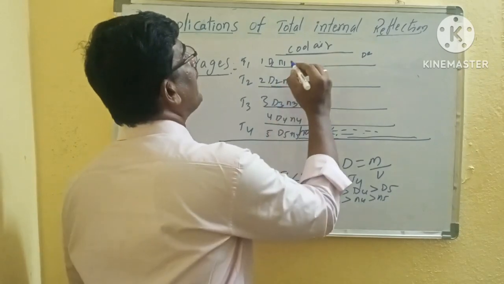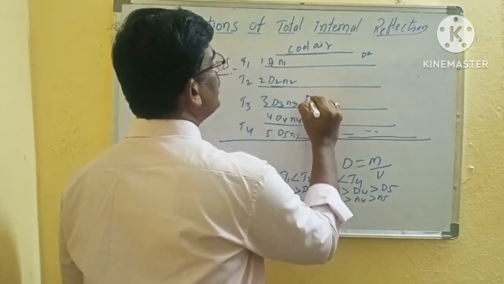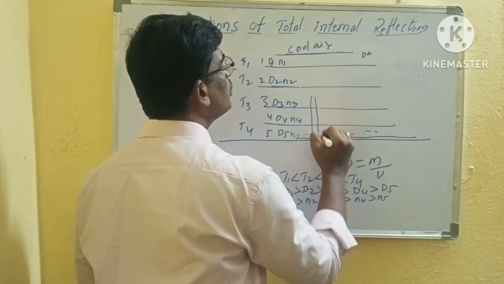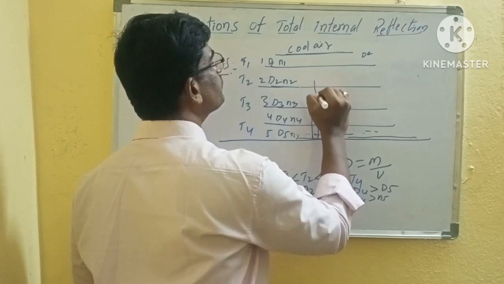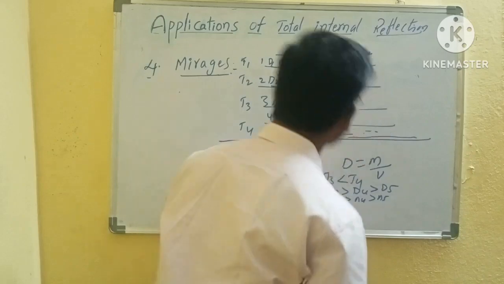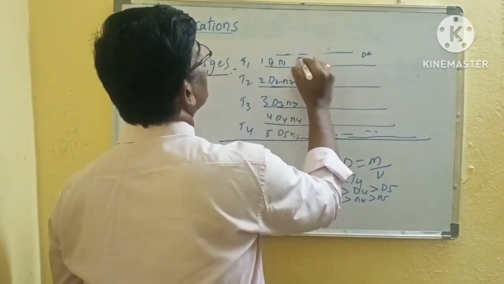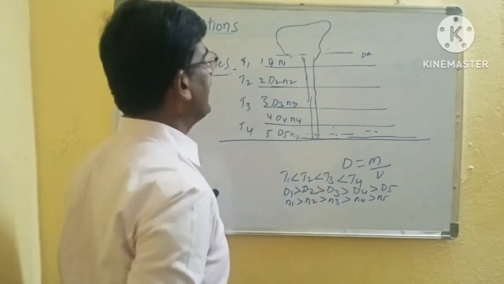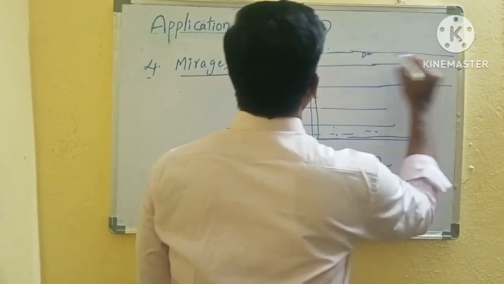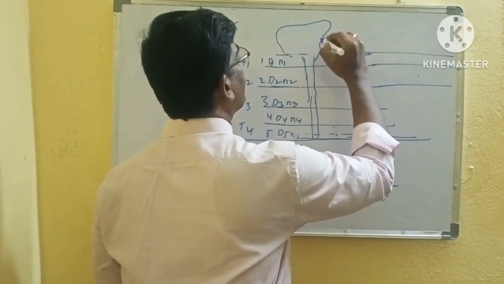So whenever light is traveling from a tall object, you have to consider that tall object, even the sky also. Light travels from this medium to this medium, from the tree.